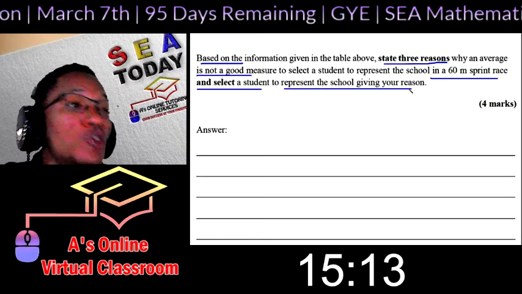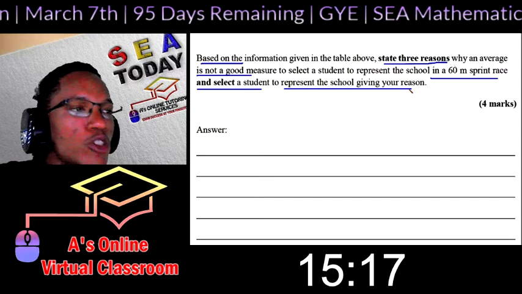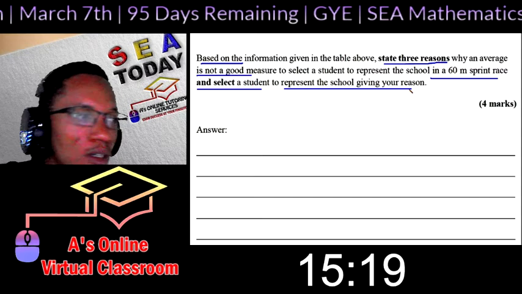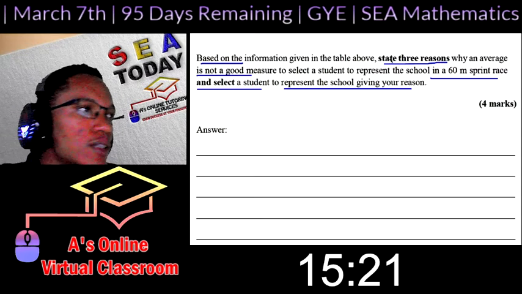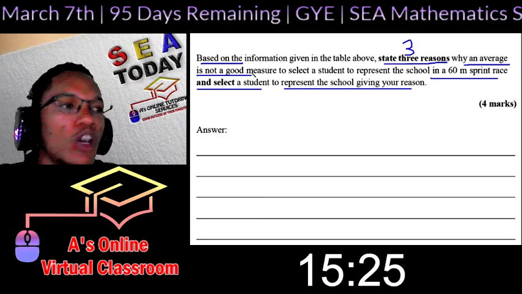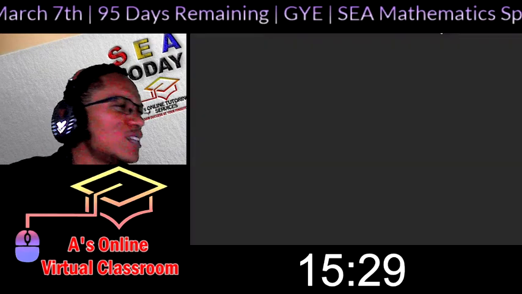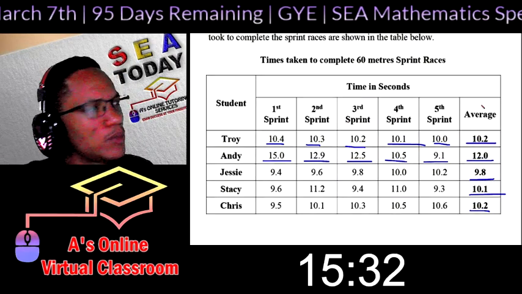Alright, so they gave us the averages of all the students in the table, but now the question is saying to state 3 reasons why an average is not a good measure. Right? So let's take a look at this table a little bit more.